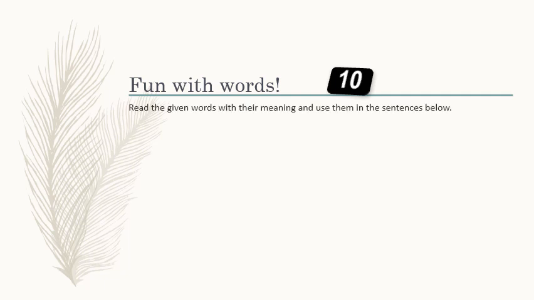Now, let's have some fun with words. For that, you need to be ready with your pencil and notebook. And to do this, you will be given 10 seconds. And here are the questions. Read the given words with their meaning and use them in the sentences below.